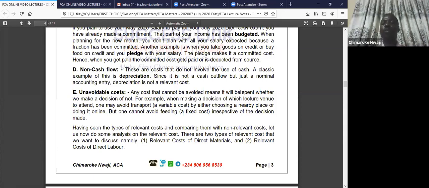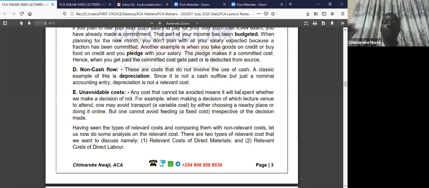Now, when you are making this choice of a tuition center to attend, can you be considering feeding? Feeding is like a fixed cost. So whether you attend the one that is in your house, or the one that is not far where you spend 100 naira, or the one where you spend 500 naira, you will still feed.